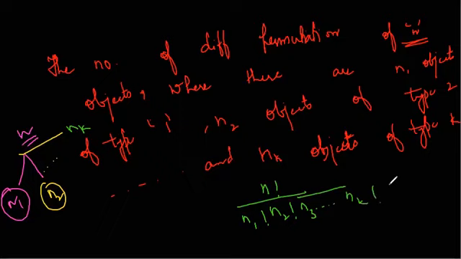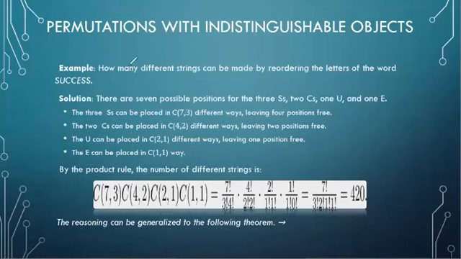For the same problem, we can see an example. How many different strings can be made by reordering the letters of the word success? There are totally 7 letters in the word success.